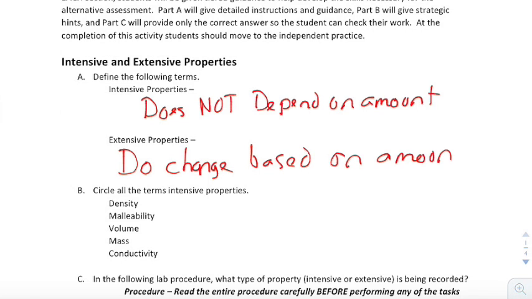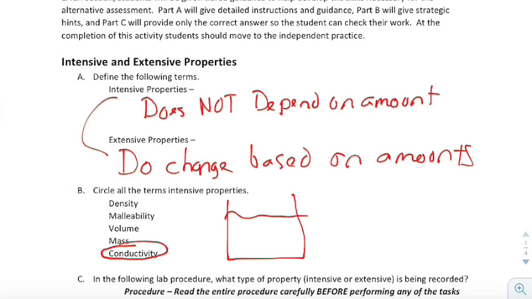Okay, remember, you can refer to these definitions when it says circle all the terms for intensive properties. The one that we're going to look at here is conductivity. Conductivity is the ability to conduct electricity. For example, if you have a glass of tap water or salt water, we'll call it salt water, and you put in an electrode here and an electrode here, you can actually light a light bulb up.